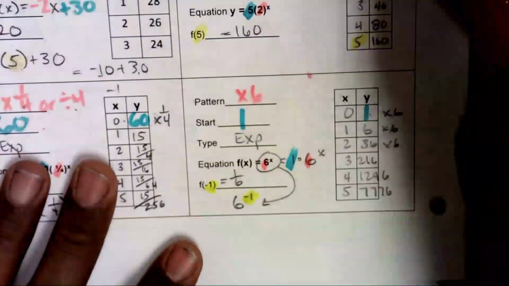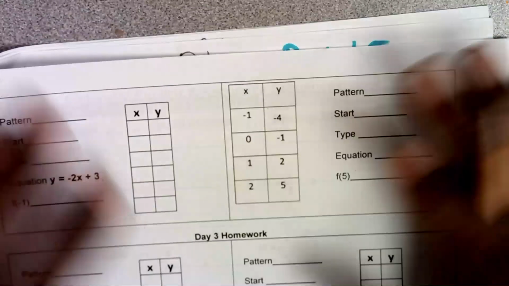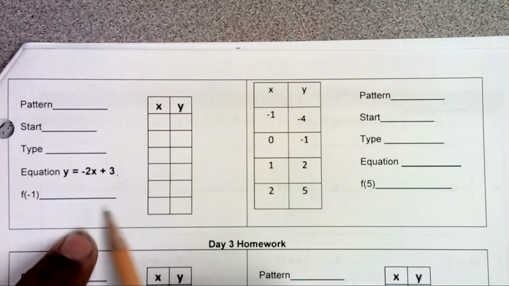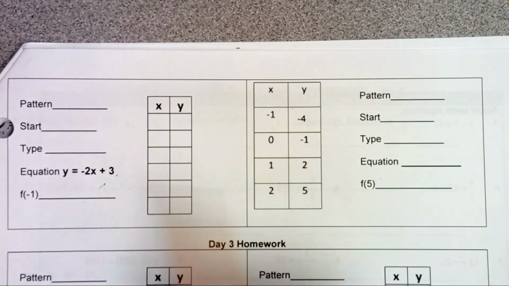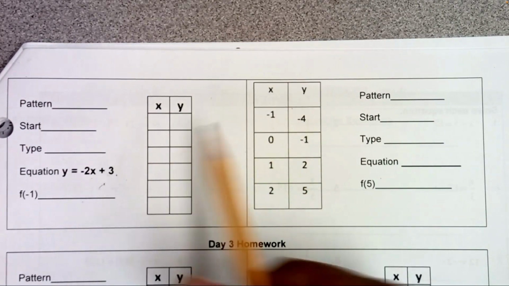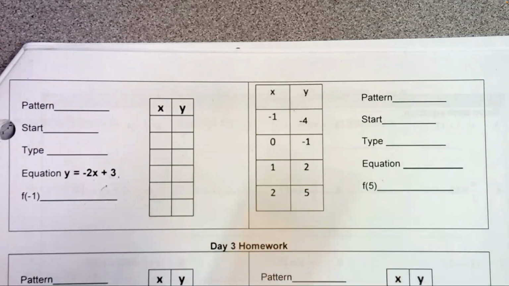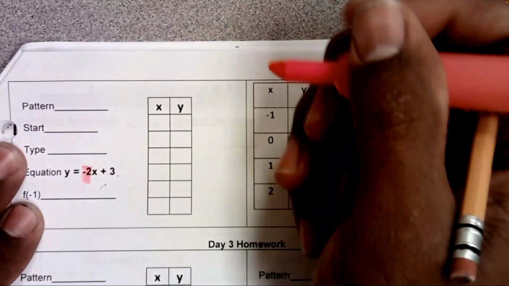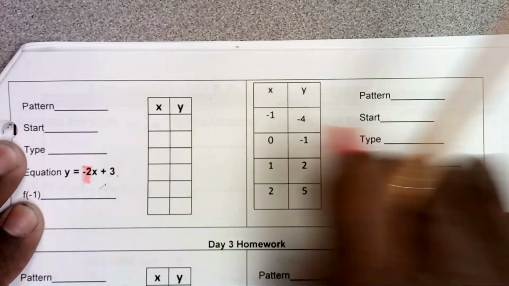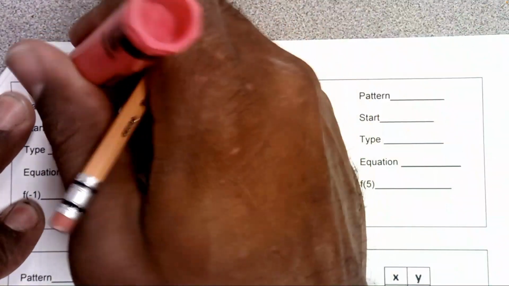Okay. All right, flip your page. Let's go to the back. We got a couple more here at the top. So this is kind of the same one. We're starting with an equation this time, except notice this is not the multiplying one. This is our linear. So remember that first number is your pattern in the linear. This is actually just subtract 2.